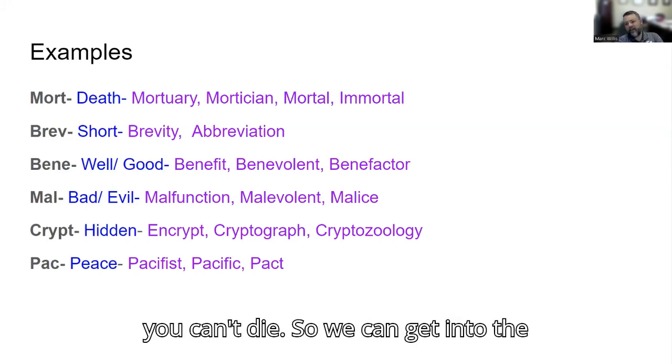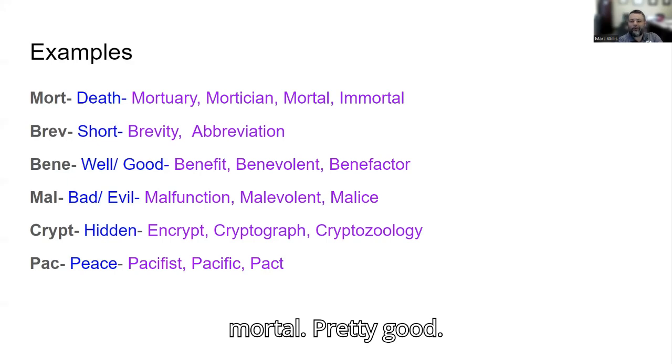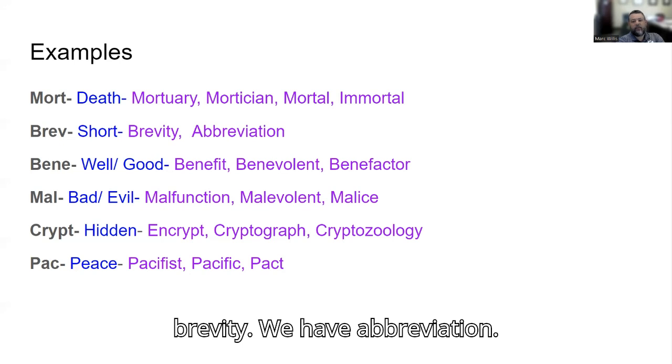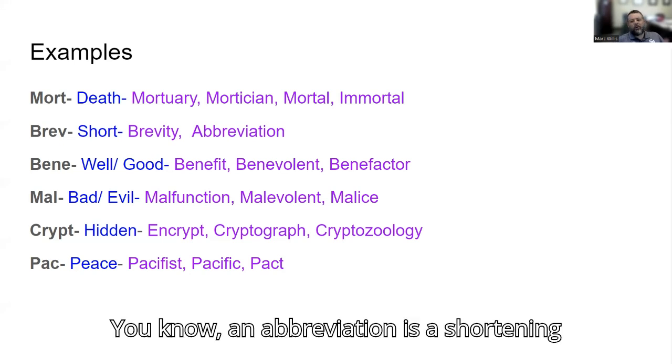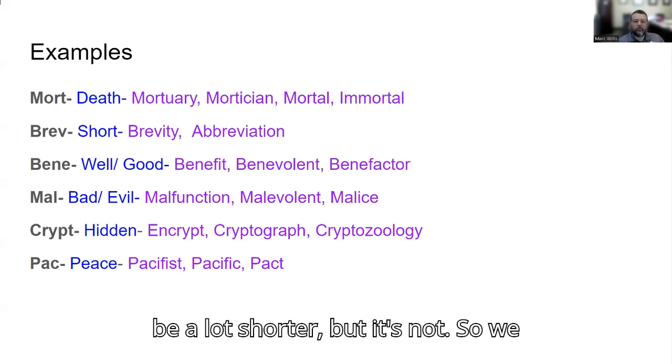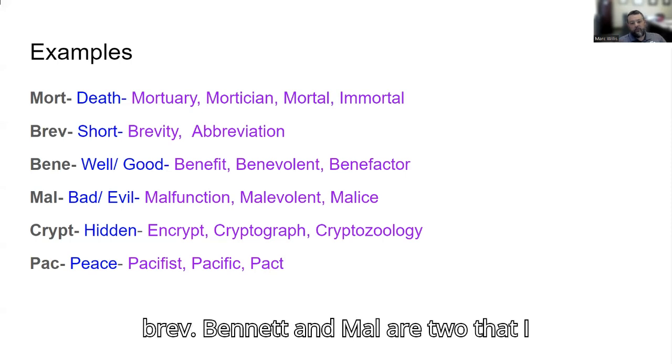Immortal means you can't die. So we can get into the whole prefix of im, which means not mortal. Pretty good. Brev is short. So we have brevity. We have abbreviation. An abbreviation is a shortening of a word. So you think that word would be a lot shorter, but it's not. So we have abbreviation. The root word is brev.